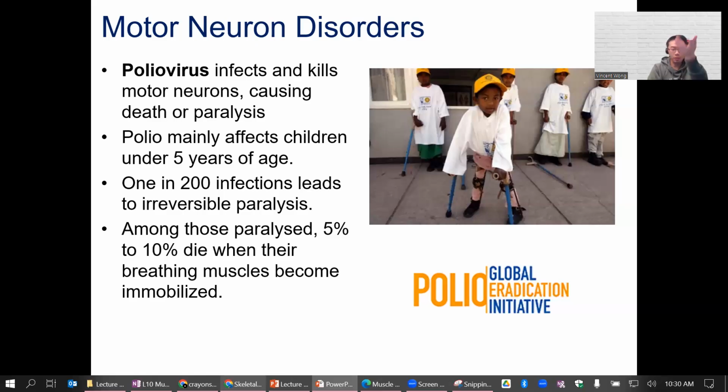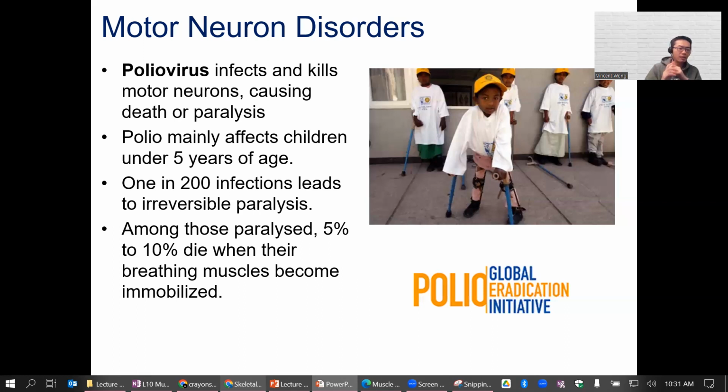You guys know Bill Gates, right? He has a foundation, with his ex-wife now, the Gates and Melinda Foundation. They are funding the eradication of polio, and it's very close to eradicating polio.